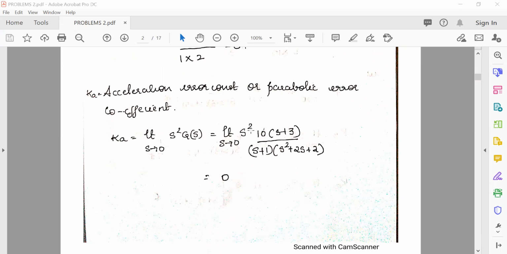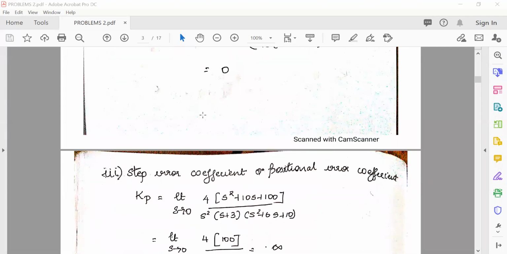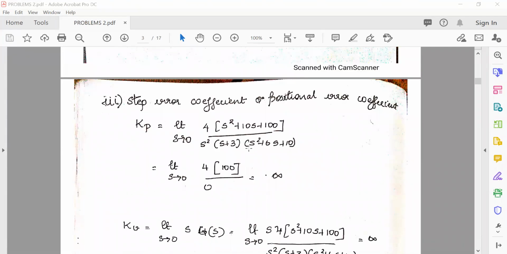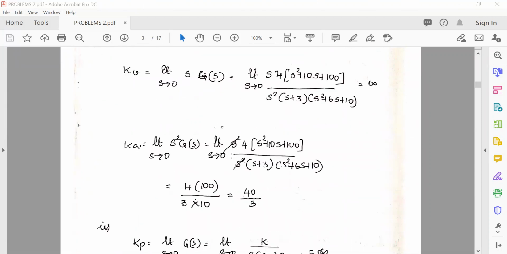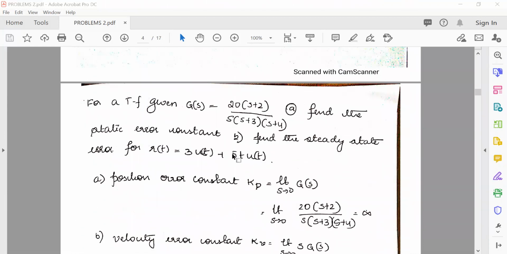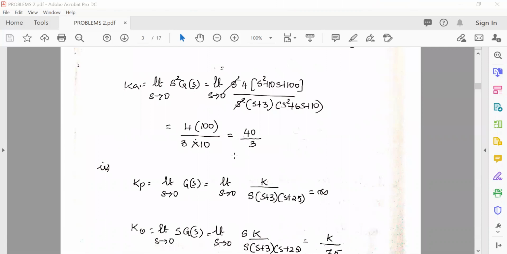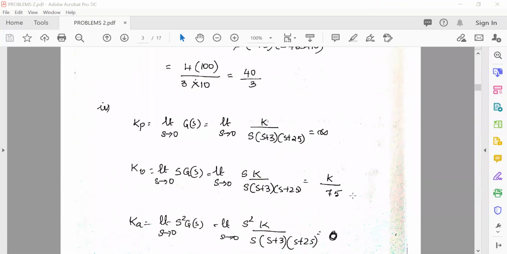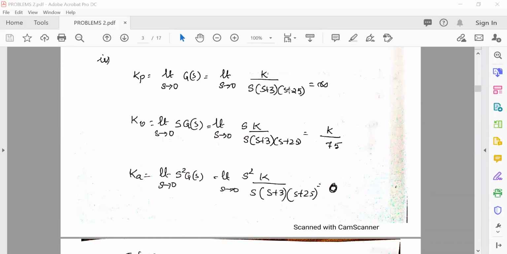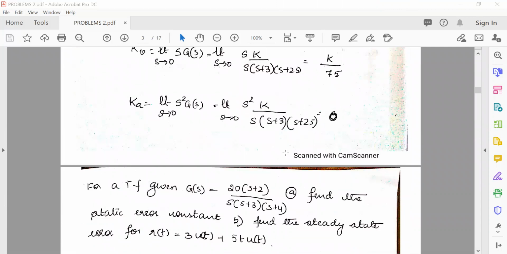Because here anyway this is 0, this value Ka will be equal to 0. Similarly, please try to do this for the third and the fourth expression. This is the third expression, and this will be the fourth expression. You please try to do it for the fourth expression as well. You get it in terms of the K value. Okay, so please do it.